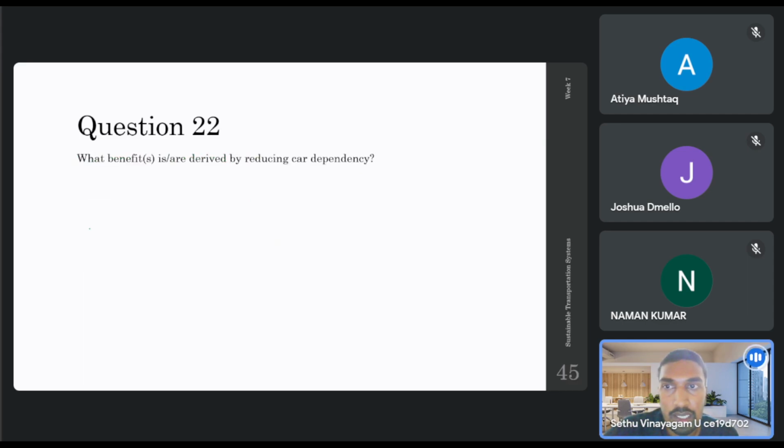Okay, question number 22: what benefits are derived by reducing the car dependency?